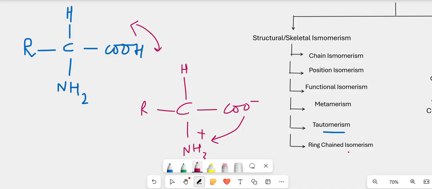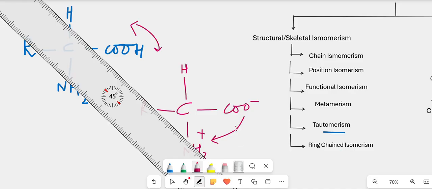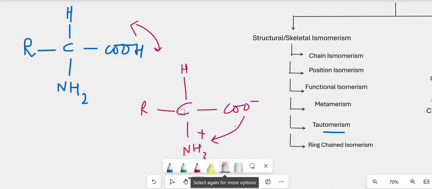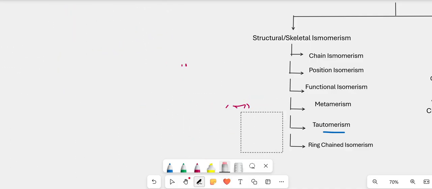Then we have ring chain isomerism. It's just as if you have a ring-shaped compound, a closed-shaped compound. Let's say carbon, and you have another carbon.